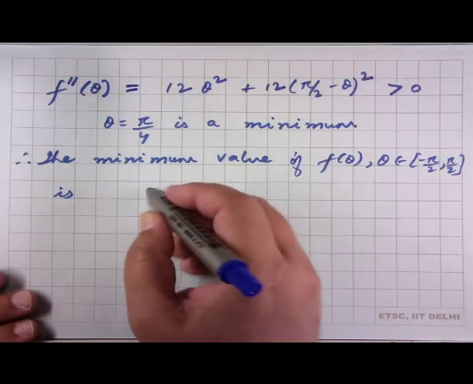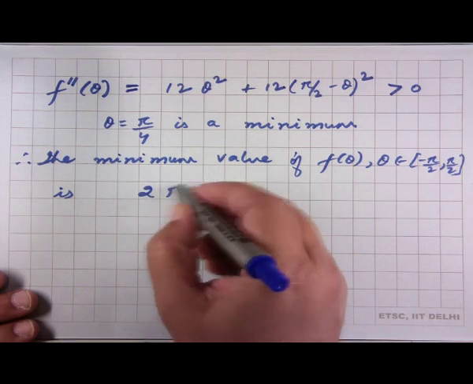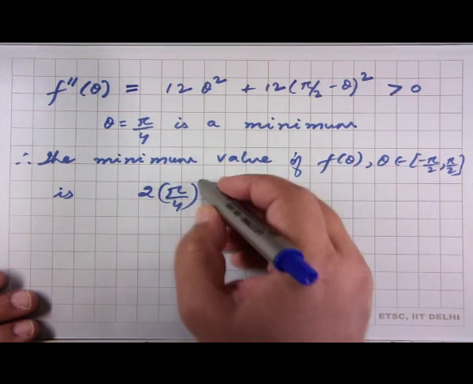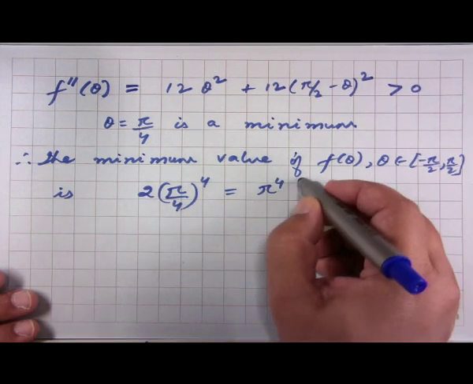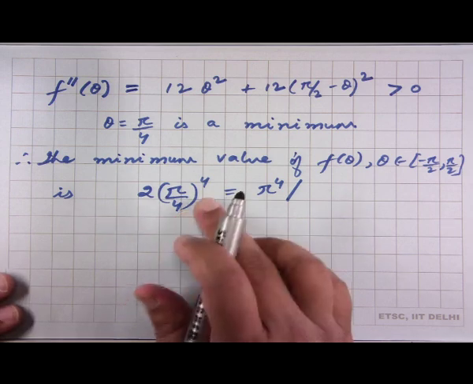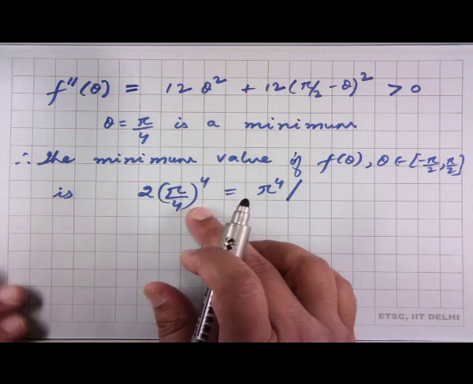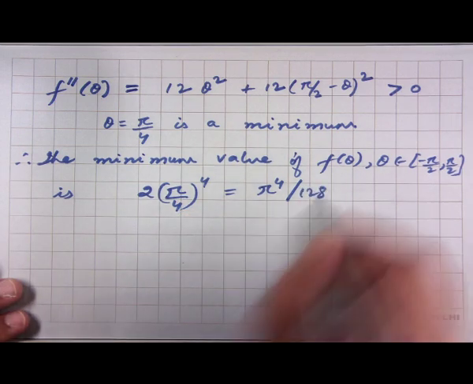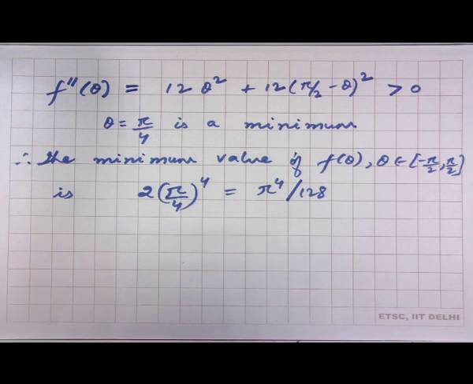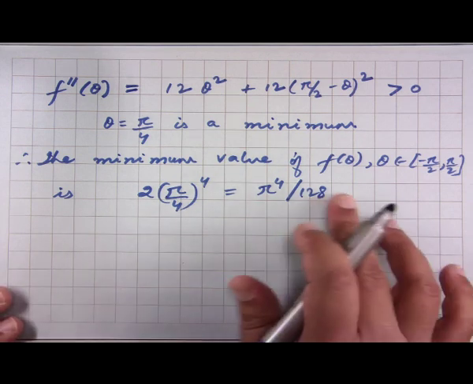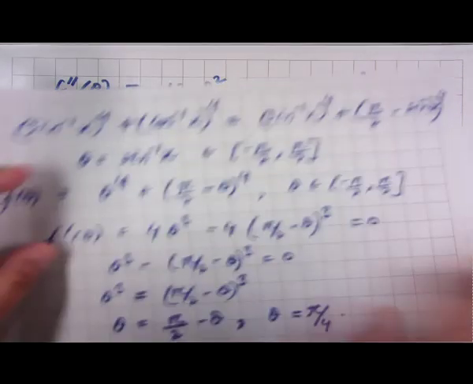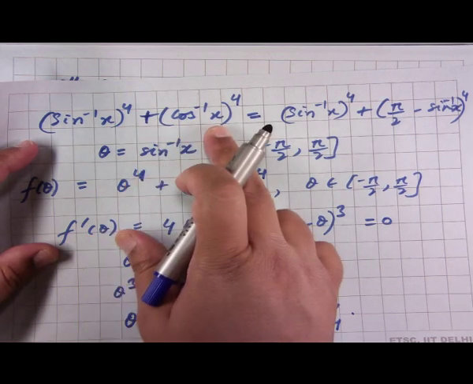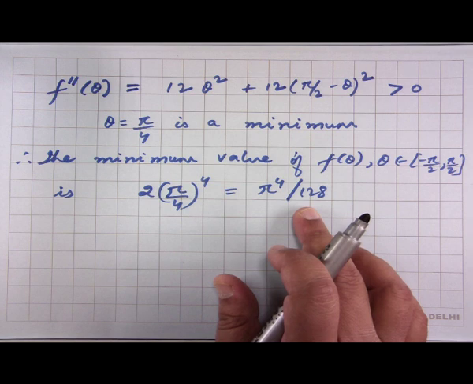So, the value automatically becomes 2 times (pi over 4) to the power of 4, which is pi to the power 4 over 4 to the power 4, which is 256. So, it is pi to the power 4 over 128. So, this is the minimum value of this. So, the minimum value of (sin inverse x) to the power 4 plus (cos inverse x) to the power 4 is pi to the power 4 over 128.